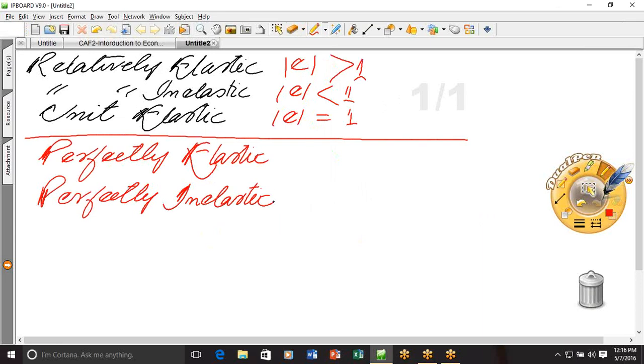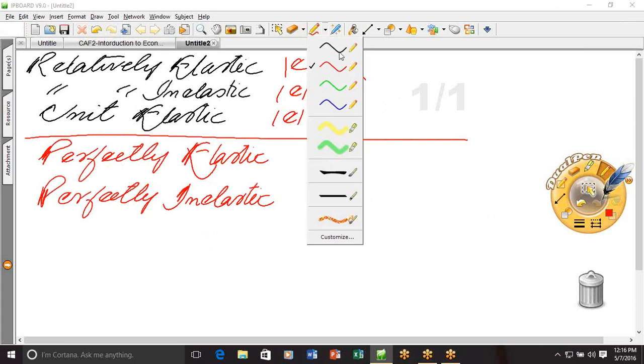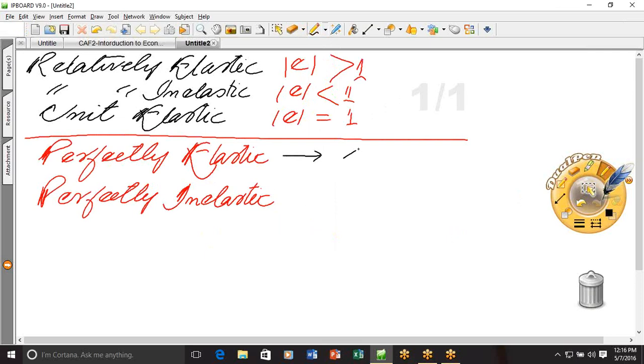Perfectly elastic and perfectly inelastic. इसमें infinity, elasticity neither more than 1 nor less than 1, not equal to 1, just 0, so it is known as perfectly inelastic. And if there is a perfect change, this is perfectly elastic.